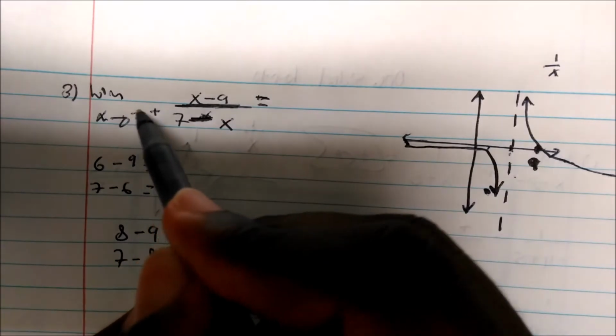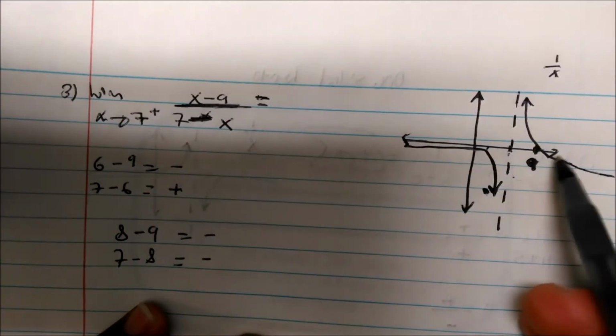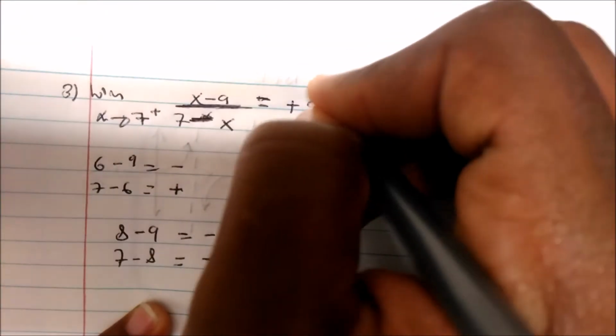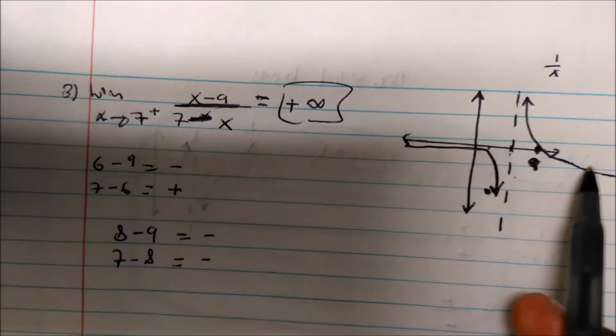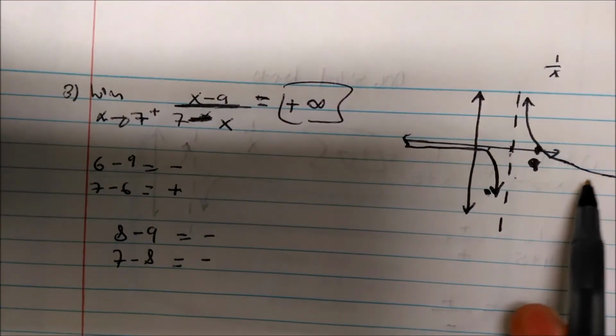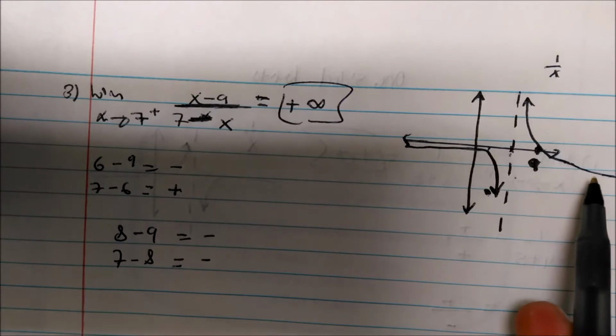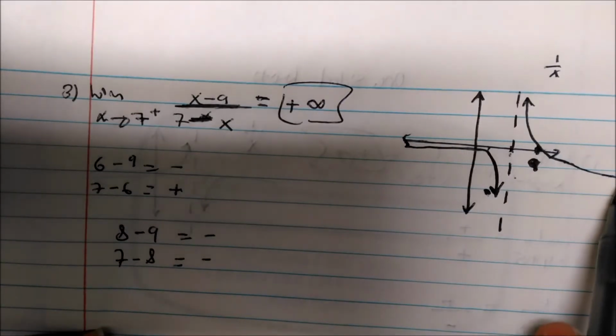And the answer to the question is, as x approaches 7 from the right, it's actually positive infinity. If we had gotten a negative number, we could have said the answer is negative infinity, when in fact it's positive infinity, so that's incorrect.